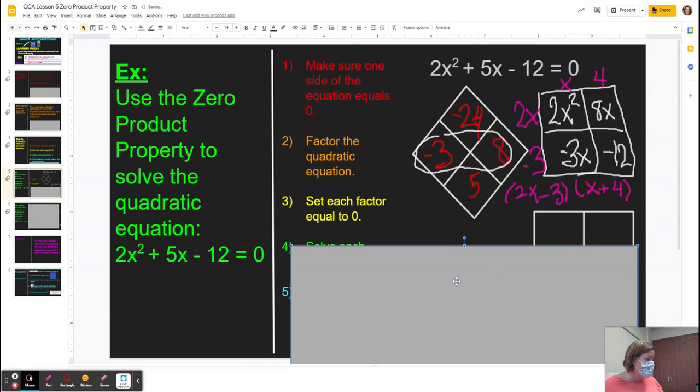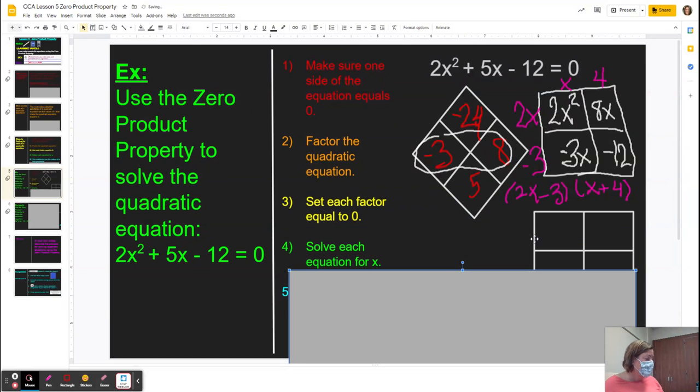Oh, there's the area model. So we're going to do 2x minus 3, can't remember if this continues on the next slide, is equal to 0, and x plus 4 equals 0.